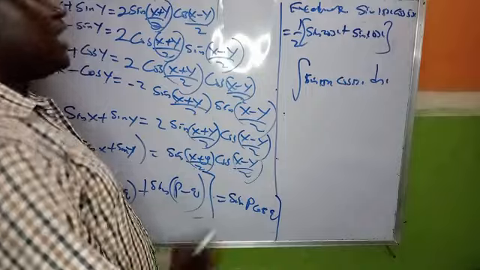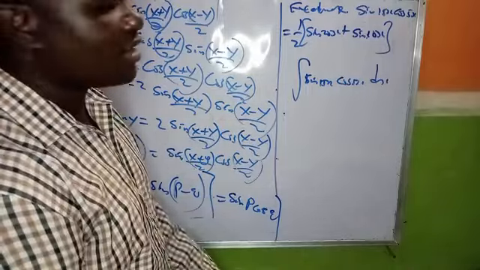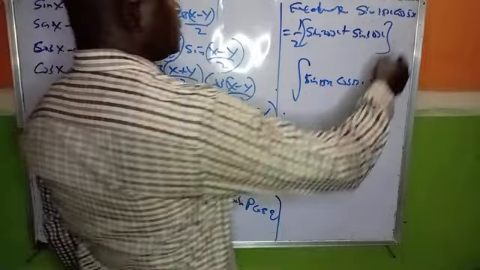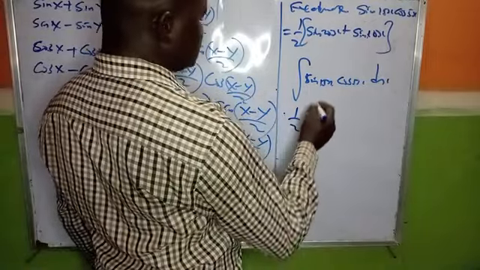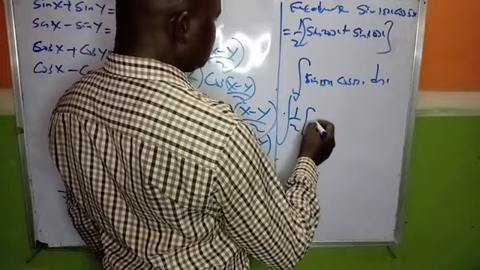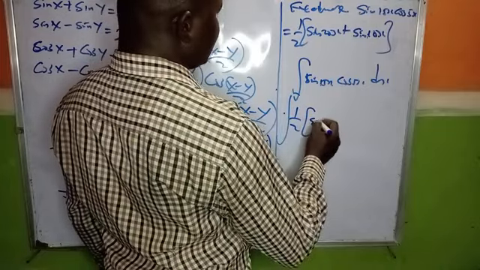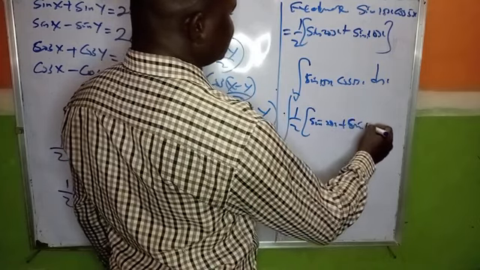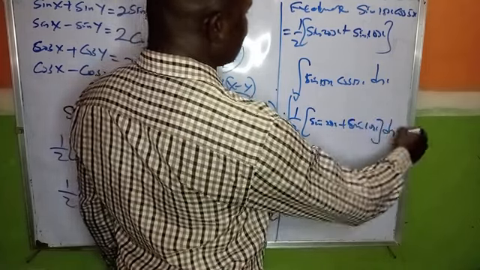When you apply a formula like this, you make it simpler. So you get this. Then you simply put integral of sine 20x plus sine 10x dx.